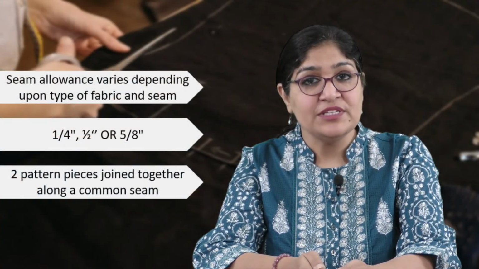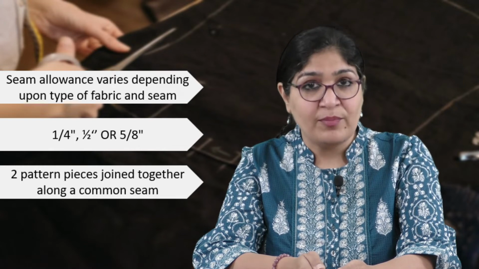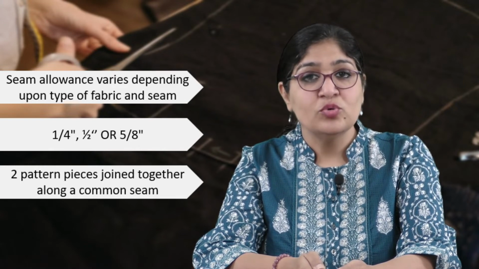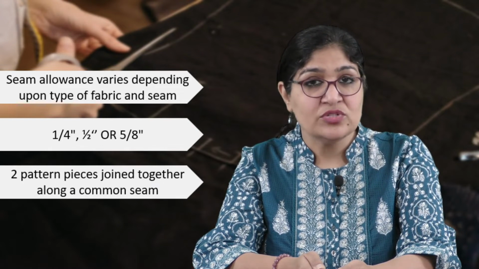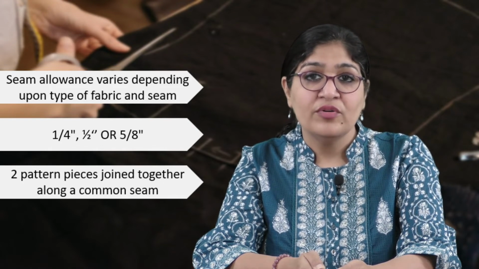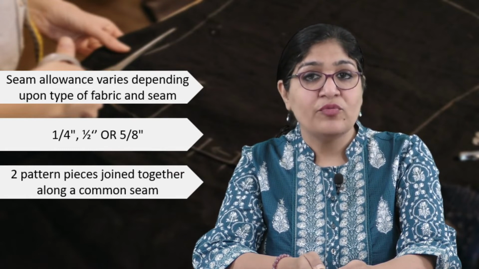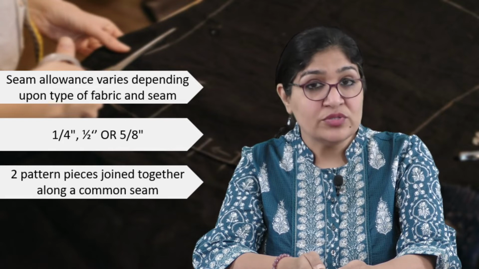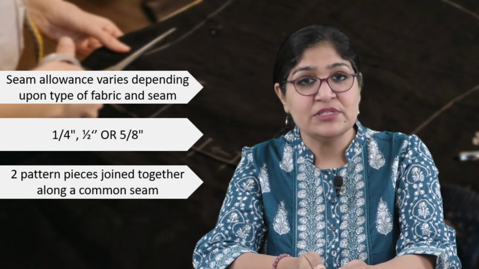The amount of seam allowance varies depending upon the type of fabric and seam. The most common seam allowances are 1/4 of an inch, 1/2 an inch, or 5/8 of an inch. Two pattern pieces joined together along a common seam will have the same seam allowance.